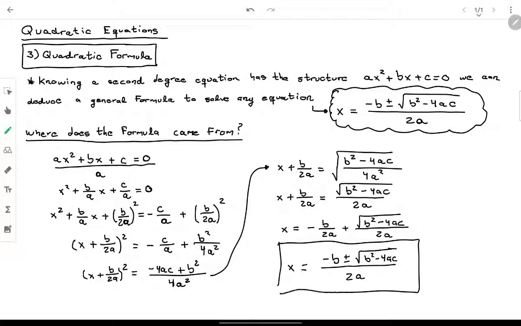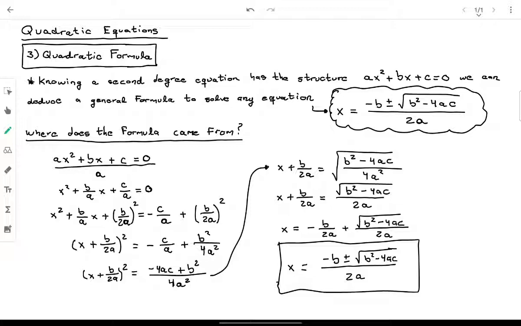If we check this one against the quadratic formula, it's exactly the same. Of course, we don't need to make this procedure every time because it's already known that the quadratic formula is x equals minus b plus minus the square root of b squared minus 4ac, all of it divided by 2a. But it's important for you to know how they obtained this specific formula.